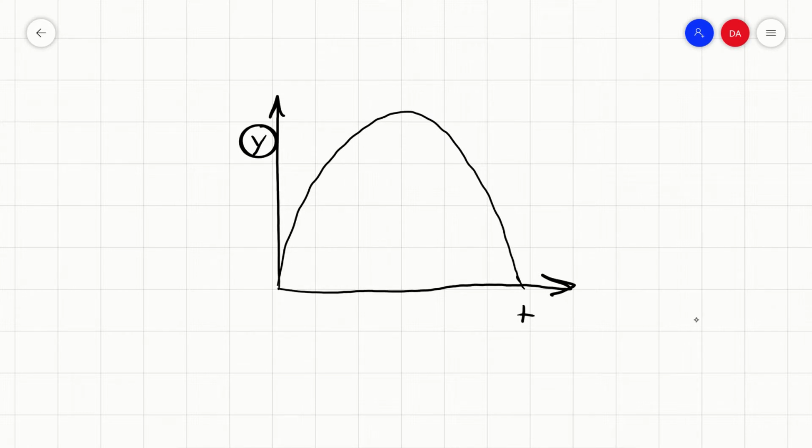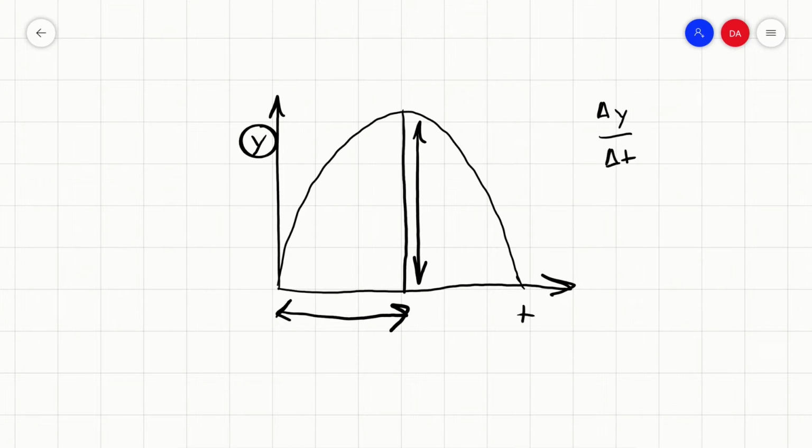So let's say we wanted to find the average speed that the ball is going on this half of the arc. Well, then we would just take this distance, the total y, divided by this time, the total time, or delta y over delta t. But now let's say, what if we wanted to find the velocity at a single point during this arc?